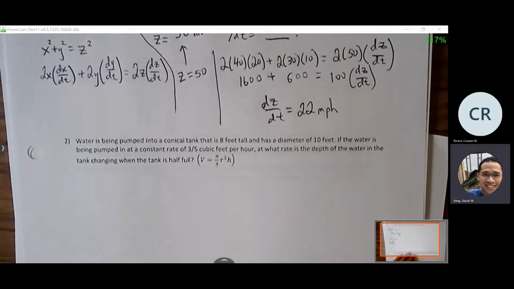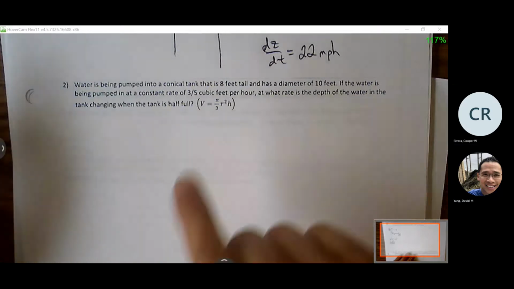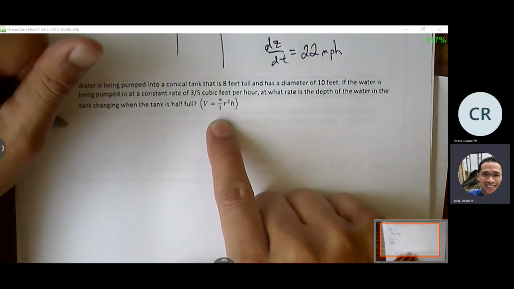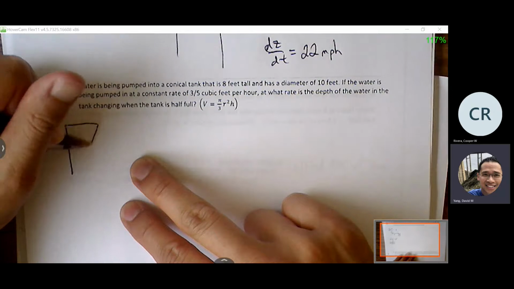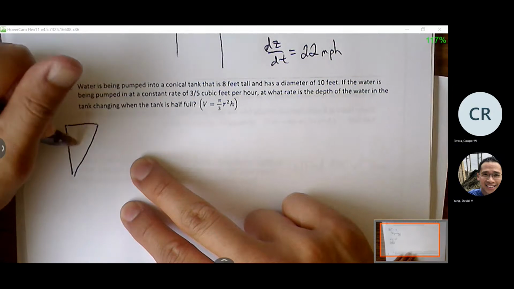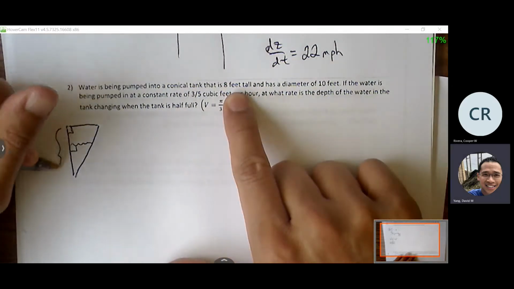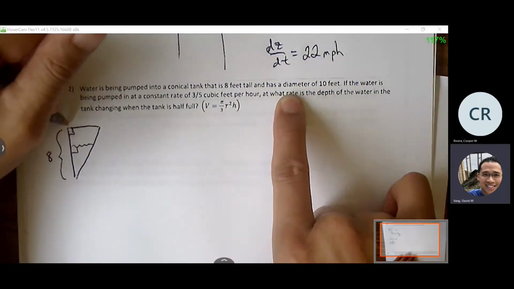Cone problem. As soon as we see cone, we know we have to be dealing with proportions here. 8 feet tall. Diameter of 10 feet.